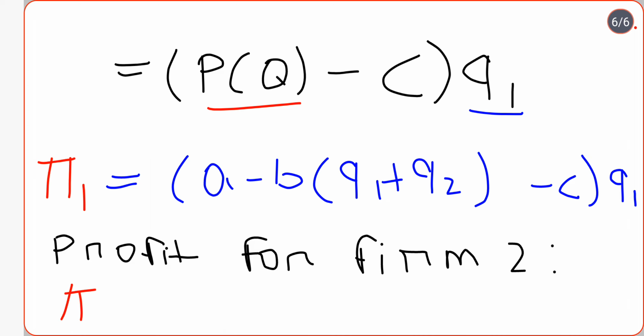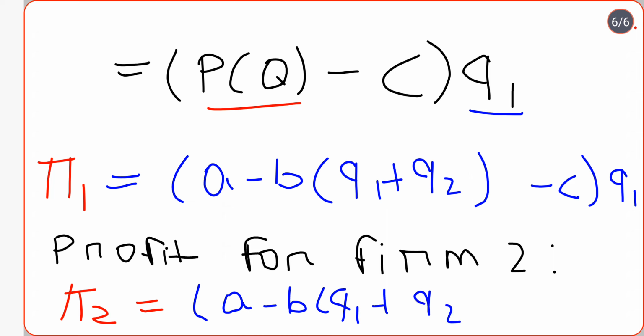Now the profit for farm 2, pi 2, will be A minus B into Q1 plus Q2, minus C into Q2. It is just the same way as you derived the profit of farm 1. So we have derived the profit of both farm 1 and farm 2.